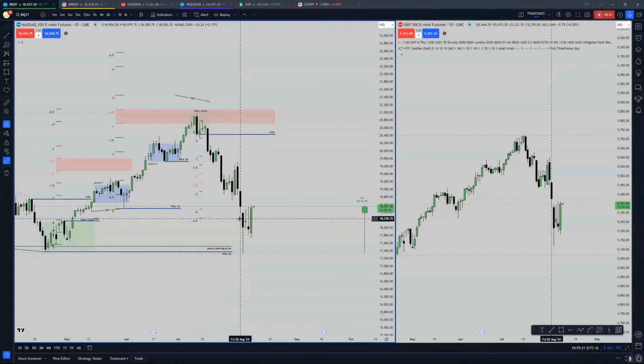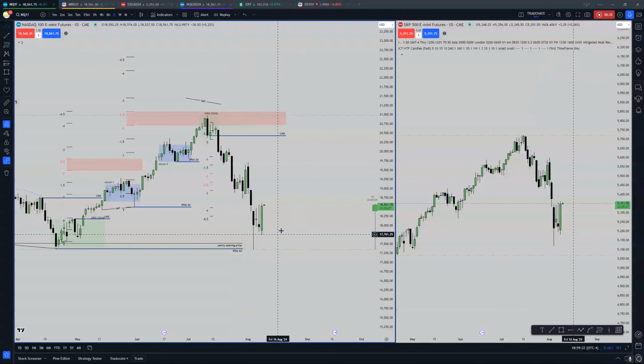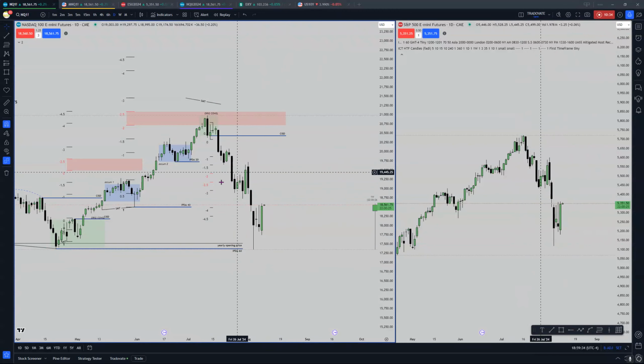So by the end of July, price runs this low, and we just gap down and continue into the IPTA 60. I didn't really expect this, but the market is very unpredictable.